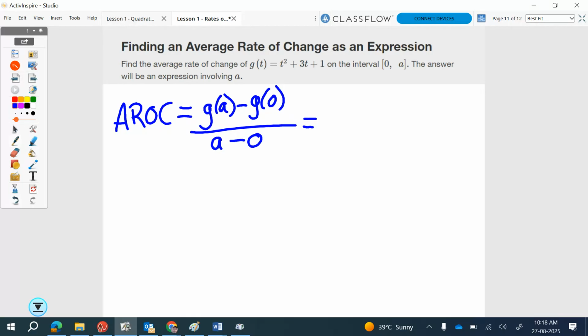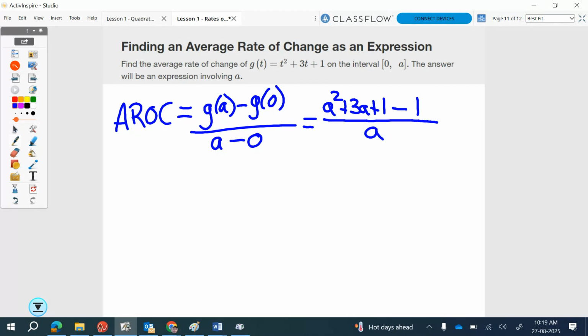So let's put a into the function, and we're going to get a squared plus 3a plus 1, minus g of 0. We can calculate that one quite easily. If we put 0 in here, that's going to disappear. Both of these two terms will be left with 1. So g of 0 is 1. So if we subtract g of 0, we're subtracting 1.